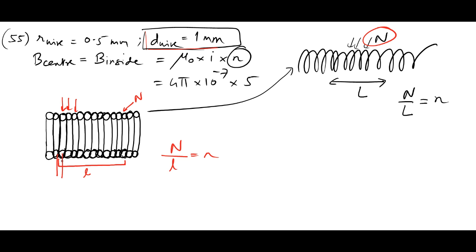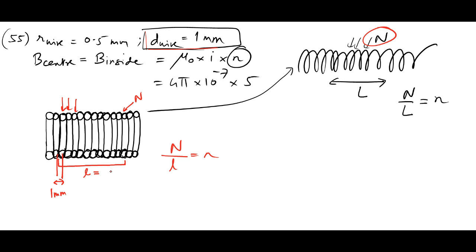Each of these thicknesses is equal to 1 millimeter. That's the diameter of the wire. So that's 1 mm, and there are N such loops, one after the other, with no spacing in between.